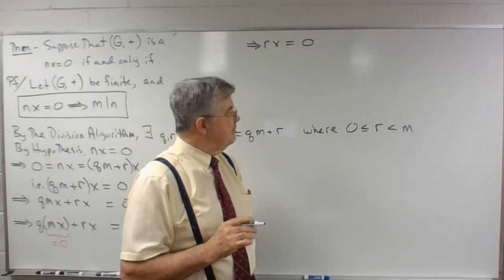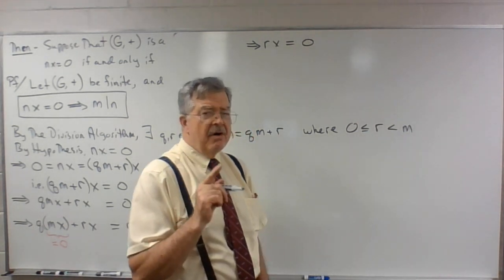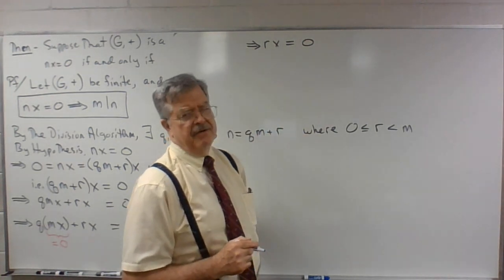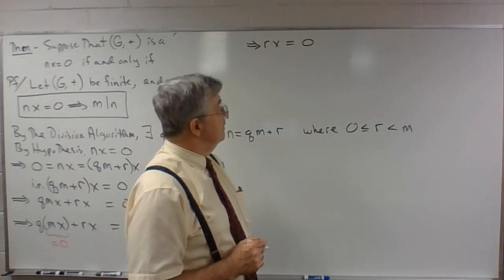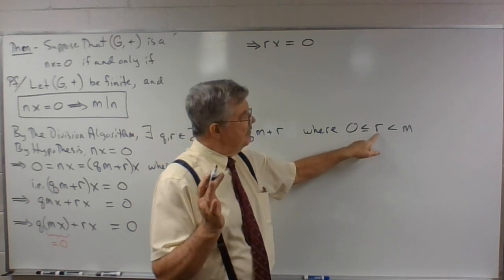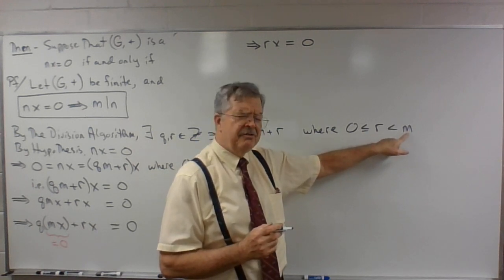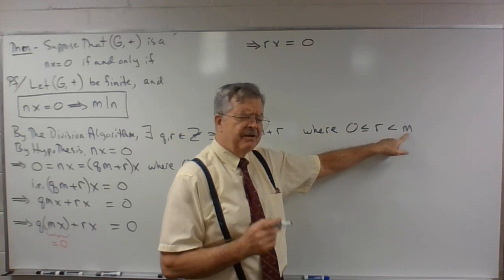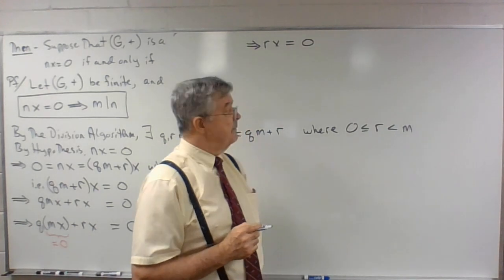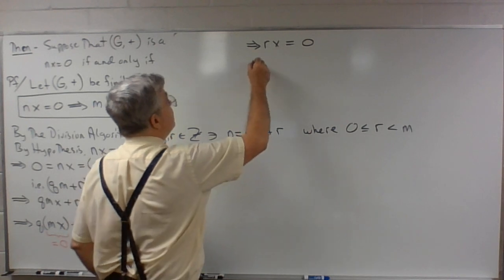But that can't happen, because m, by our hypothesis, is the smallest natural number that we can multiply x by to get 0. So if r is not equal to 0, that contradicts the hypothesis that m is the smallest such natural number. So that means that r has to be 0.